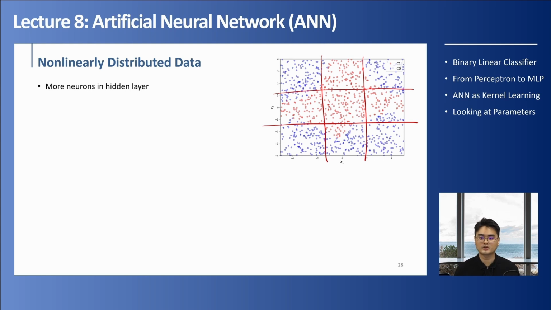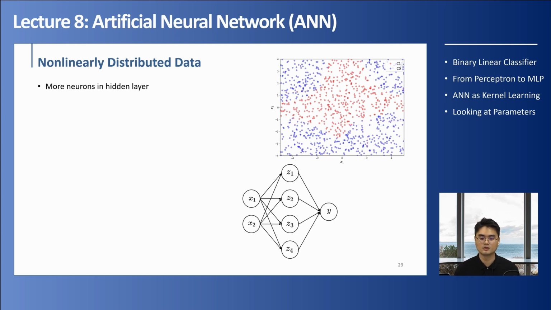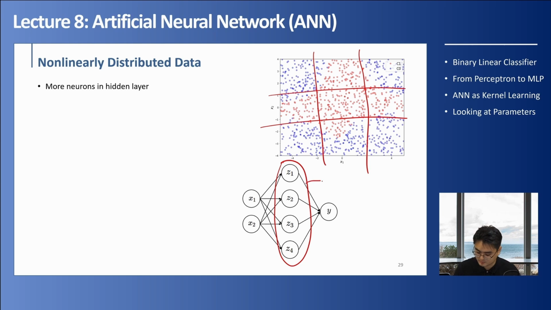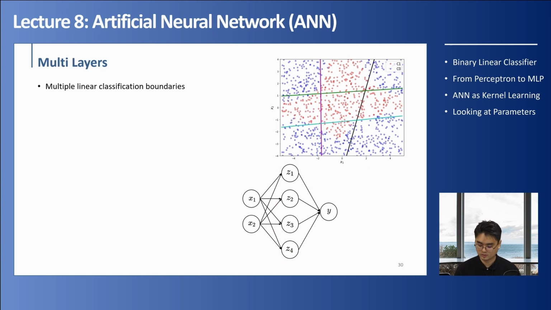Then what you can guess here is that we need to have 4 neurons to create these 4 classification boundaries. So this is just a simple result of visualizing these 4 classification boundaries.